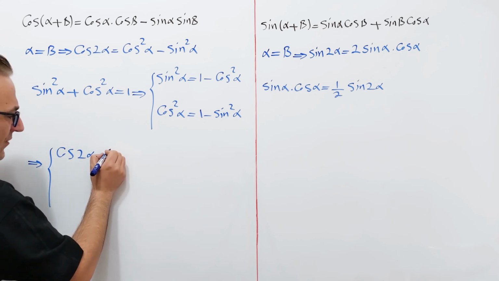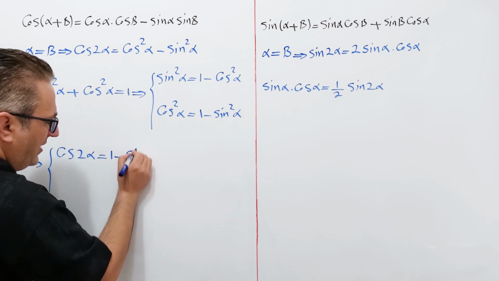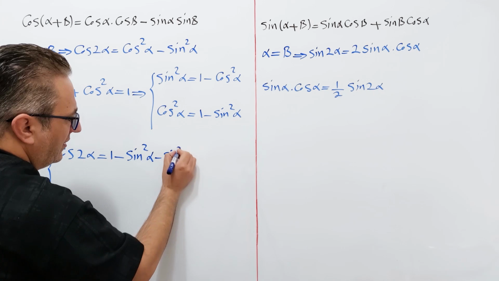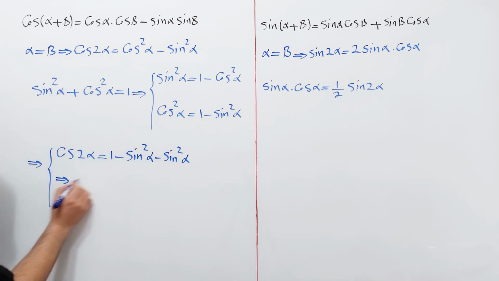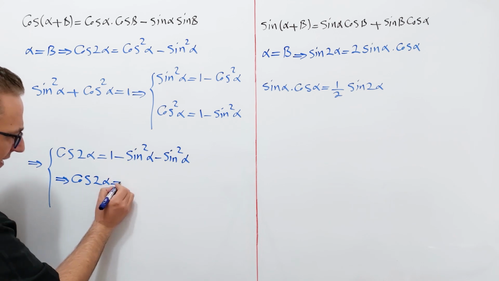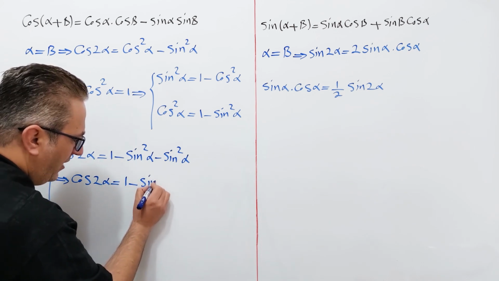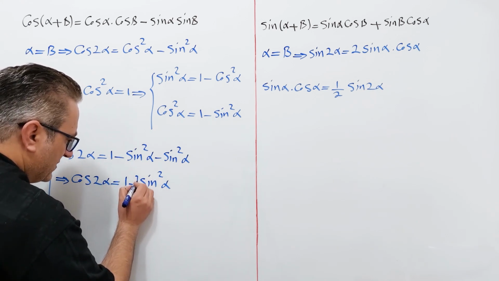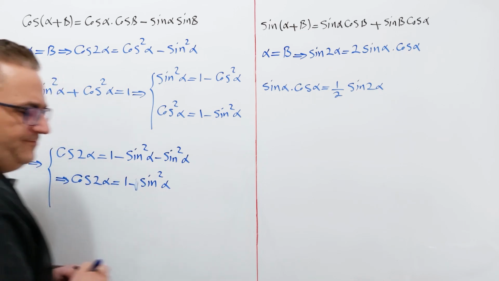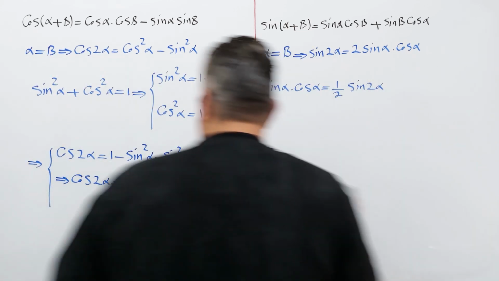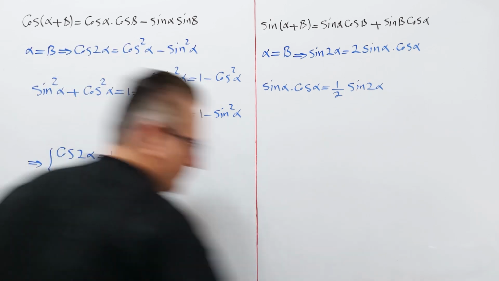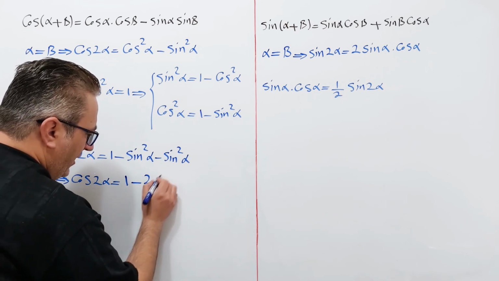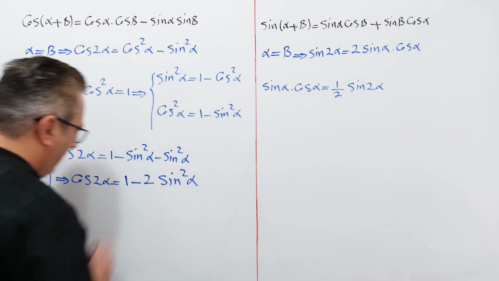We have 1 minus sine squared alpha minus sine squared alpha. So, cosine 2 alpha is equal to 1 minus 2 times sine squared alpha.